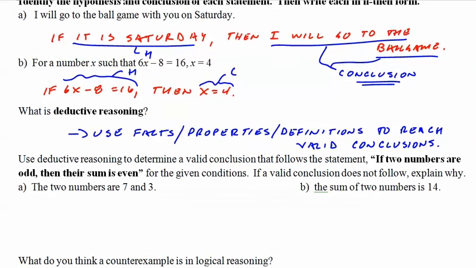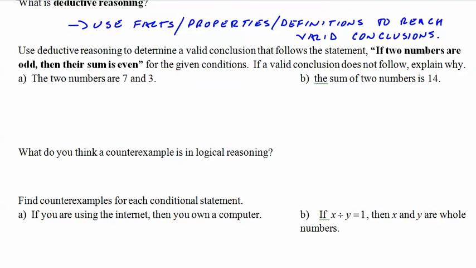So, use deductive reasoning to determine a valid conclusion from the following statement. If two numbers are odd, then their sum is even. If a valid conclusion does not follow, then say why. So if two numbers are odd, their sum is even. So we can say that 7 plus 13 equals 20, and that is even.